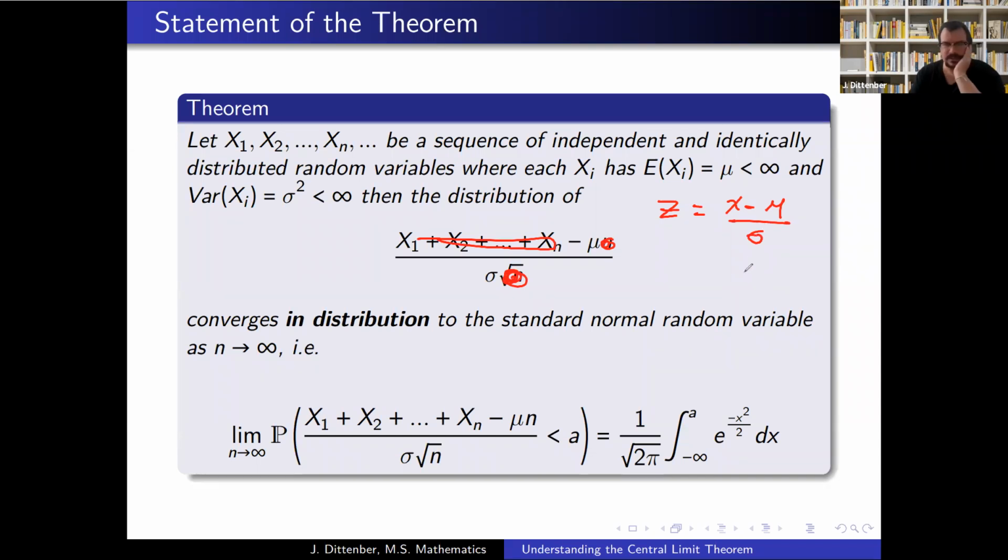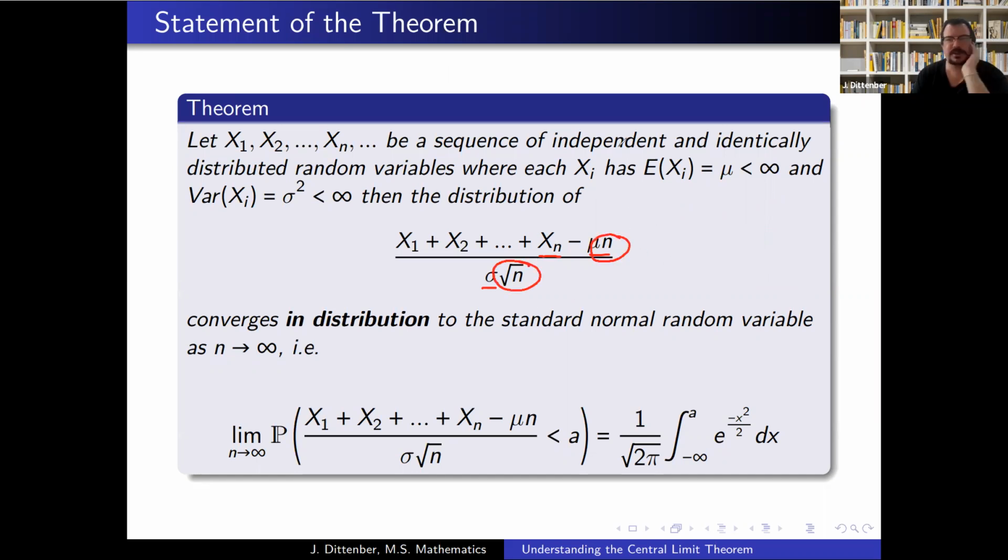So this is for one random variable. But here you can see we've got the sum of n random variables. And so here we've got mu times n, and then we've got our standard deviation times the square root of n.